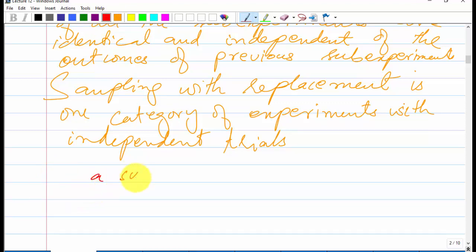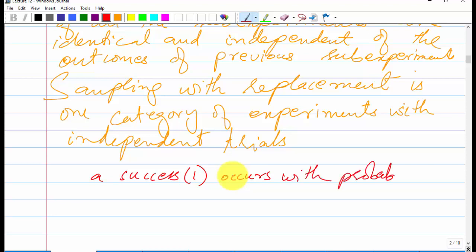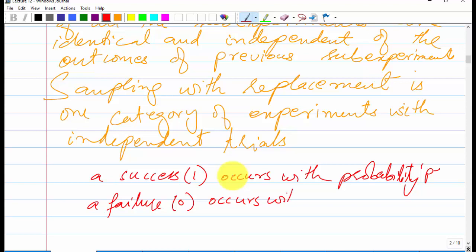A success, as we have defined it with 1, occurs with probability p, and a failure, 0, occurs with probability 1 minus p.